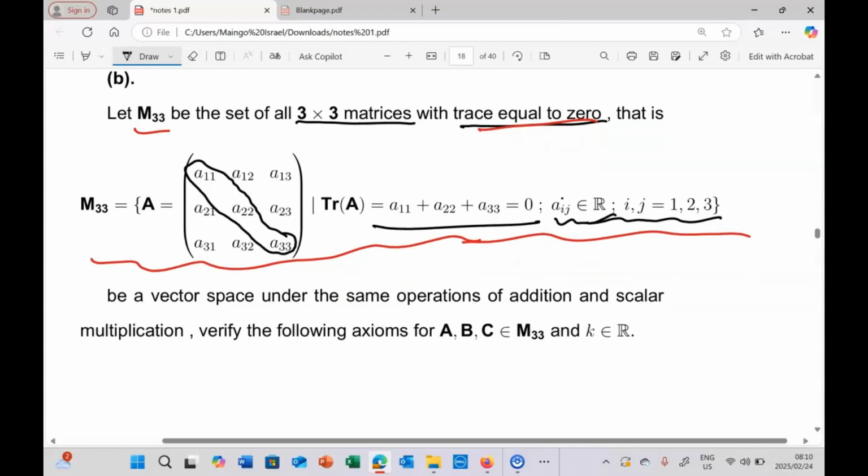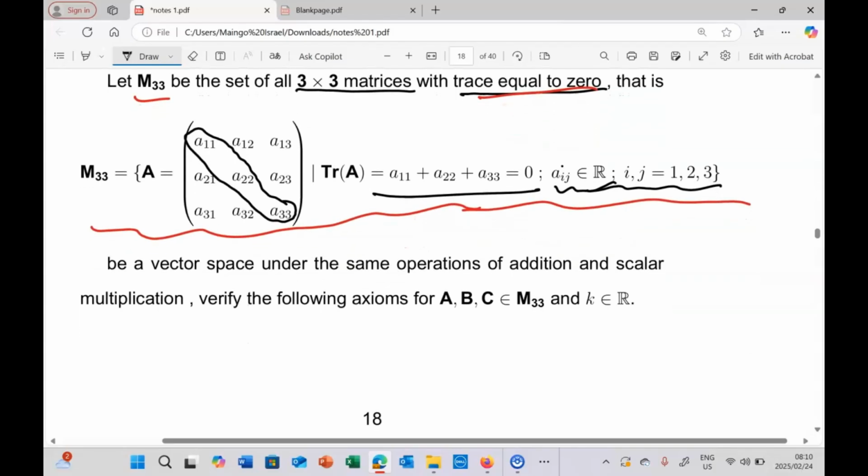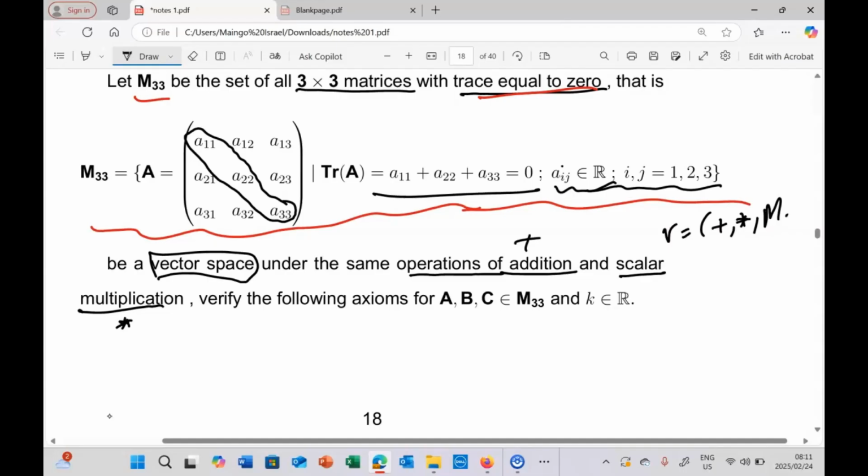So that's simple. So, is this a vector space? That's a vector space under the same operations of vector addition and scalar multiplication. So that means we're just talking about another vector space V, which, when you talk about our definition, is addition and multiplication with M33.